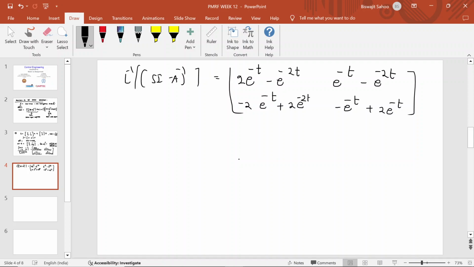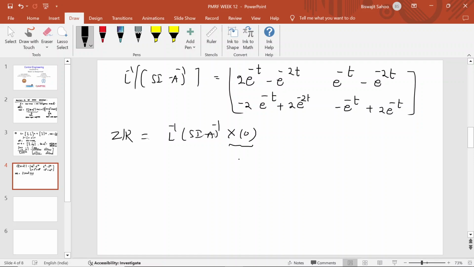Now what you have to do, then what is ZIR? Zero input response is nothing but L inverse of (sI minus A) inverse into x of 0. So multiply with x of 0. Here x of 0 is given to you, 1 comma 0.